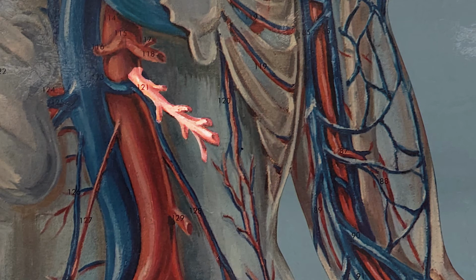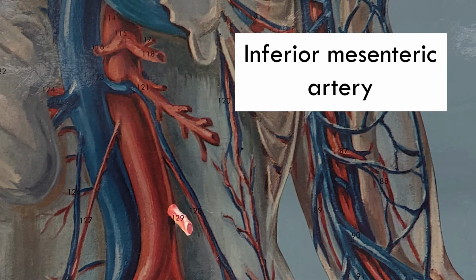So superior mesenteric artery feeds all of the small intestine and the right half of the large intestine. So who feeds the left half of the large intestine? The inferior mesenteric artery feeds the left half of the large intestine, which is not pictured here, but you can imagine it being there.